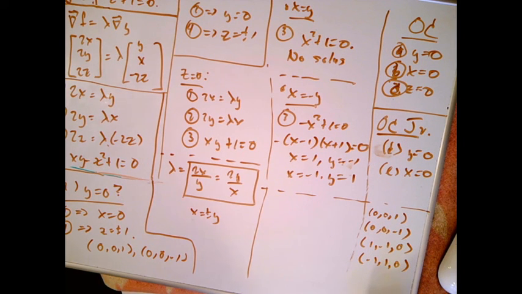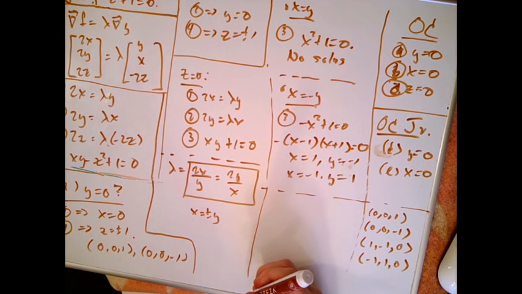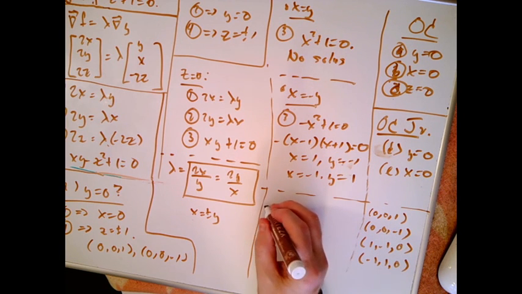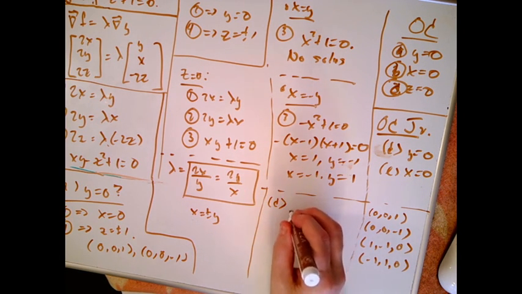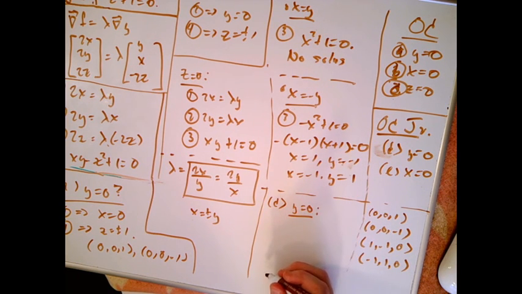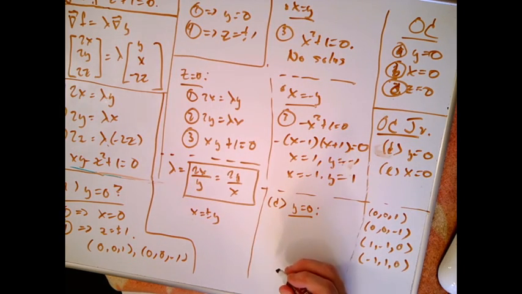And the only thing we have left to do inside of our mini Lagrange multiplier question is start worrying about the oh crap junior list. So let's worry about the oh crap junior list. And then we're going to look at item D. Item D says in oh crap junior, what happens if y equals 0? We're just dealing with this mini Lagrange multiplier question right here.